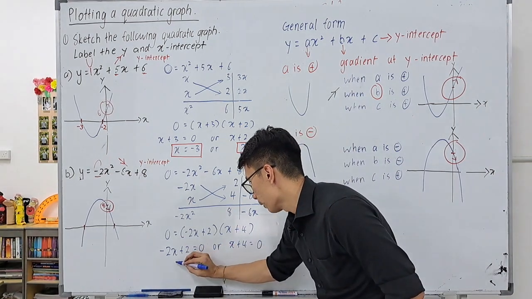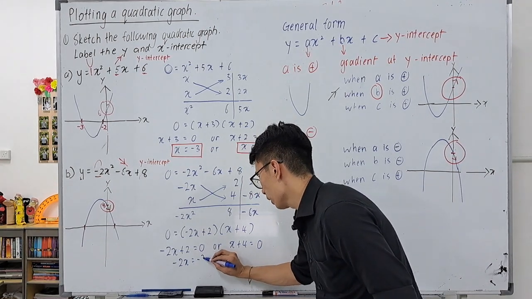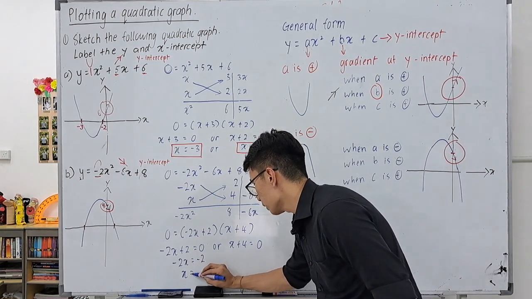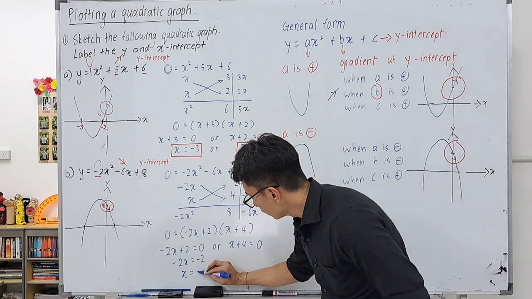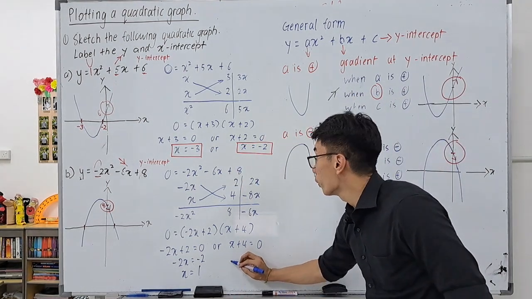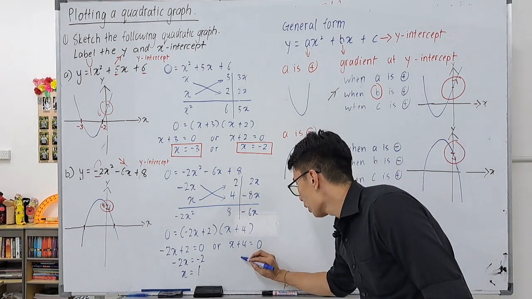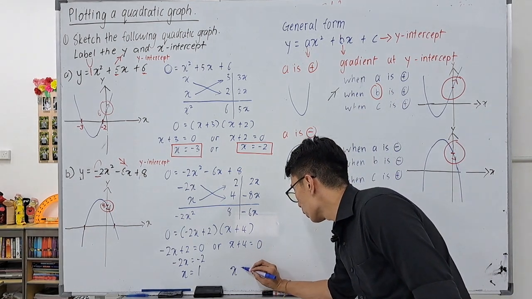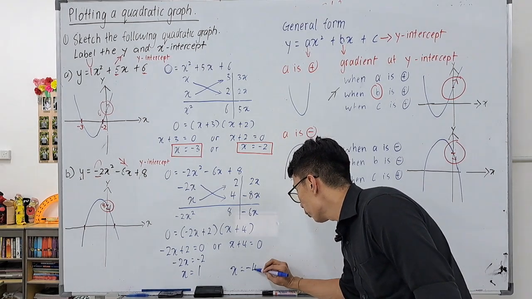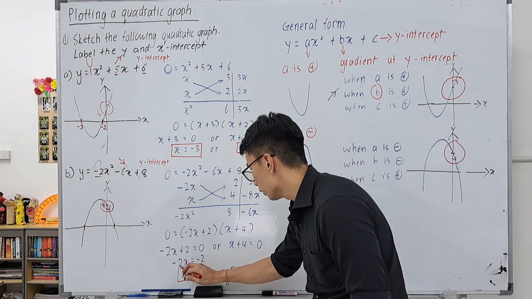So I will get -2x is equals to -2, and that will give me x is equals to 1 over here. Or over here, you can solve this, so x equals to -4. So I'm done in finding my x value.